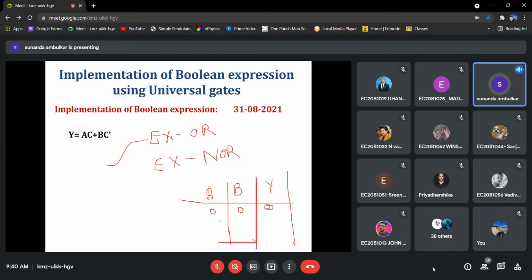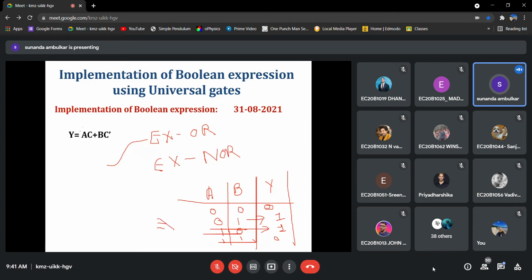Because there are 2 inputs, the combinations will be 4: 00, 01, 10 and 11. So exclusive OR indicates that when the incoming bits are unequal, the output will be true or high. If they are the same, it will be 0.